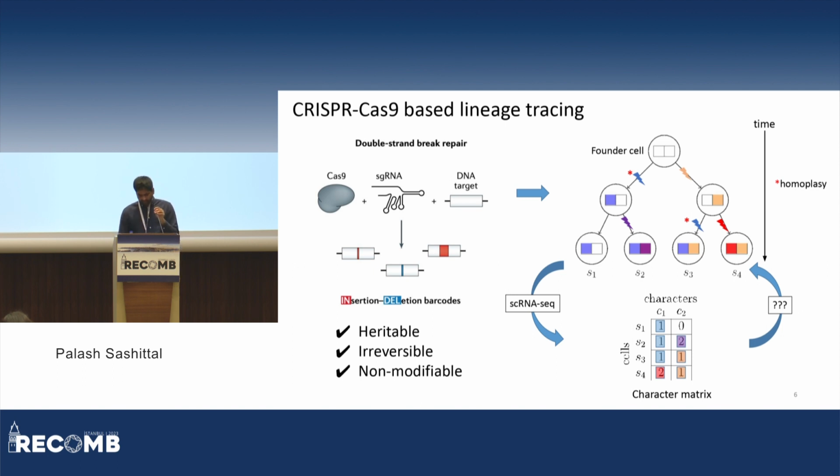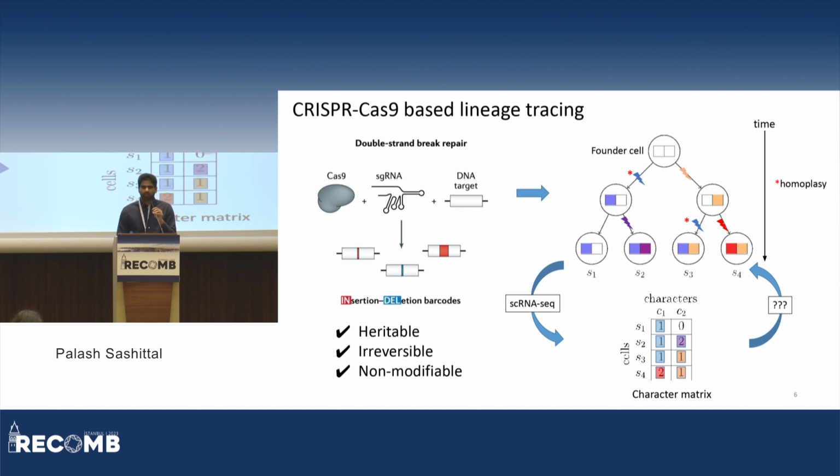So once this process is over, you can use single-cell RNA sequencing to measure the mutations in these cells. And that yields a character matrix that looks something like this. So you have columns that represent different target sites, which we call characters, and rows that represent cells. And the entries of this matrix are telling you the mutational state of the target site in the particular cell.